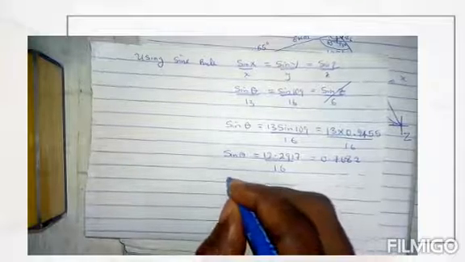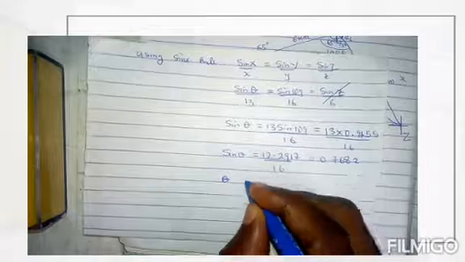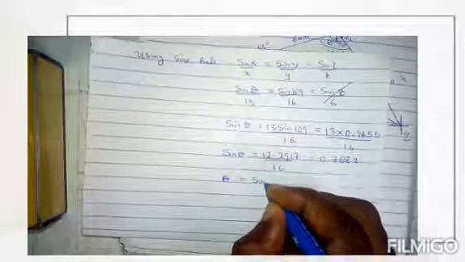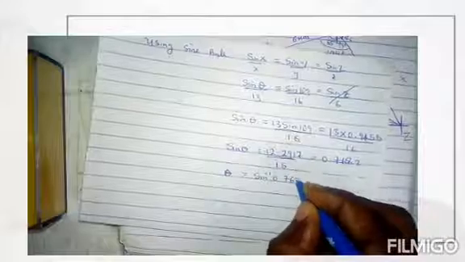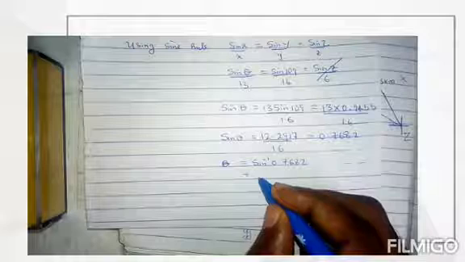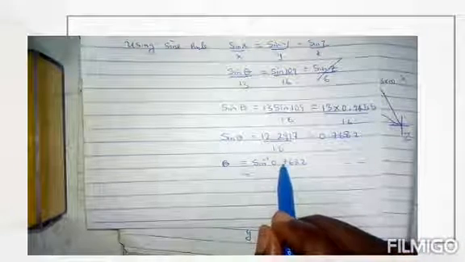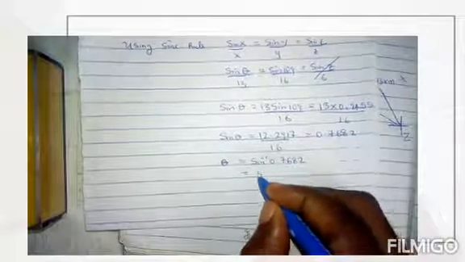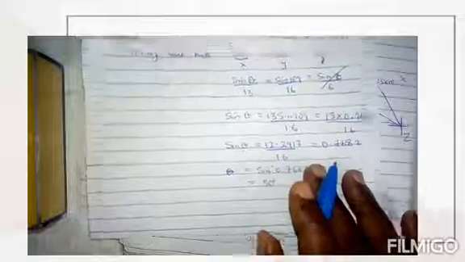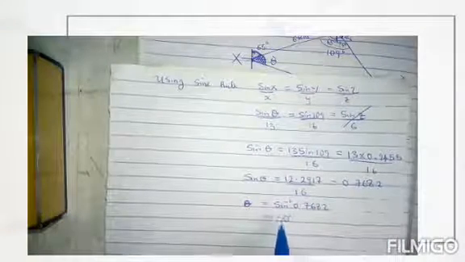Now find the sine inverse. So theta will be arc sine of 0.7682. And if you punch your calculator, you press your second function, press sine, write 0.7682. That will give you approximately 50 degrees. Therefore, our bearing, we are not done.